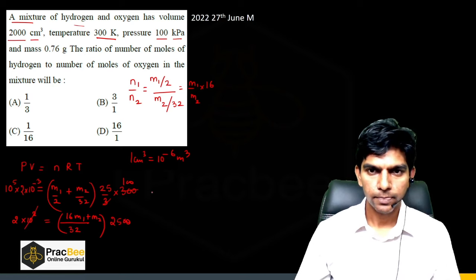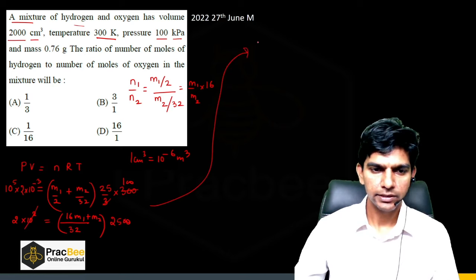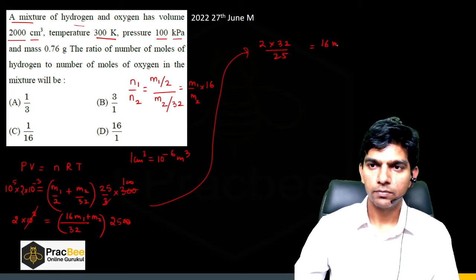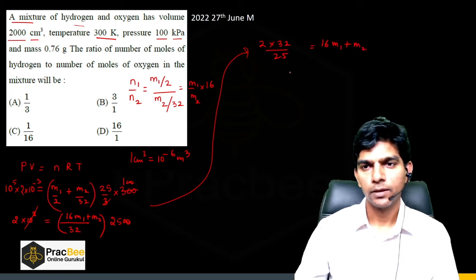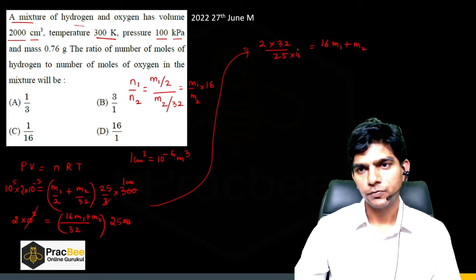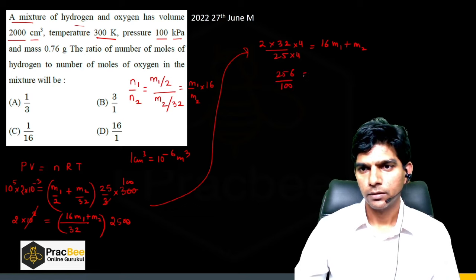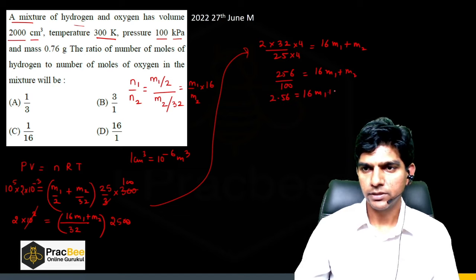This can be further written as 2 times 32 divided by 25, which is equal to 16 M1 plus M2. Now if I multiply this with 4 and this with 4, I will get 256 by 100 equals 16 M1 plus M2. So this will be 2.56 equals 16 M1 plus M2.